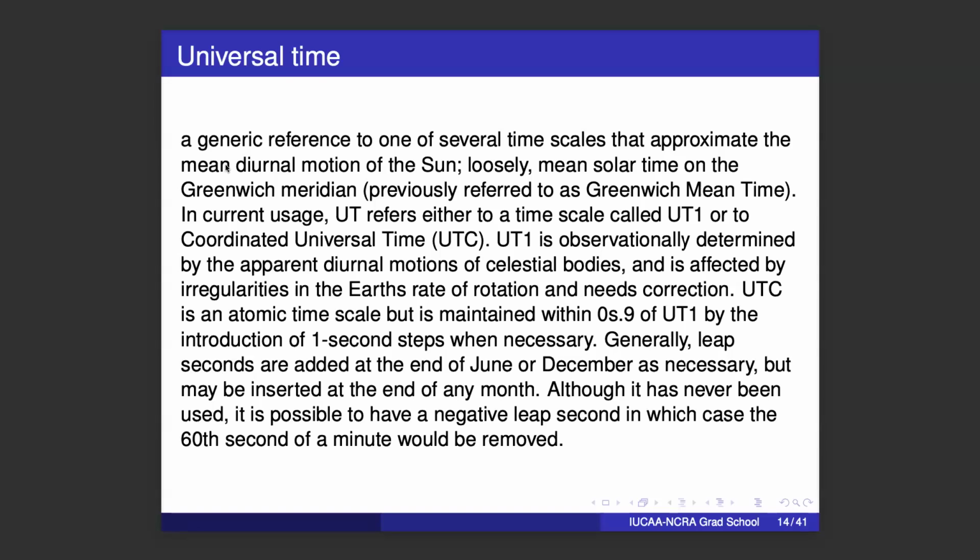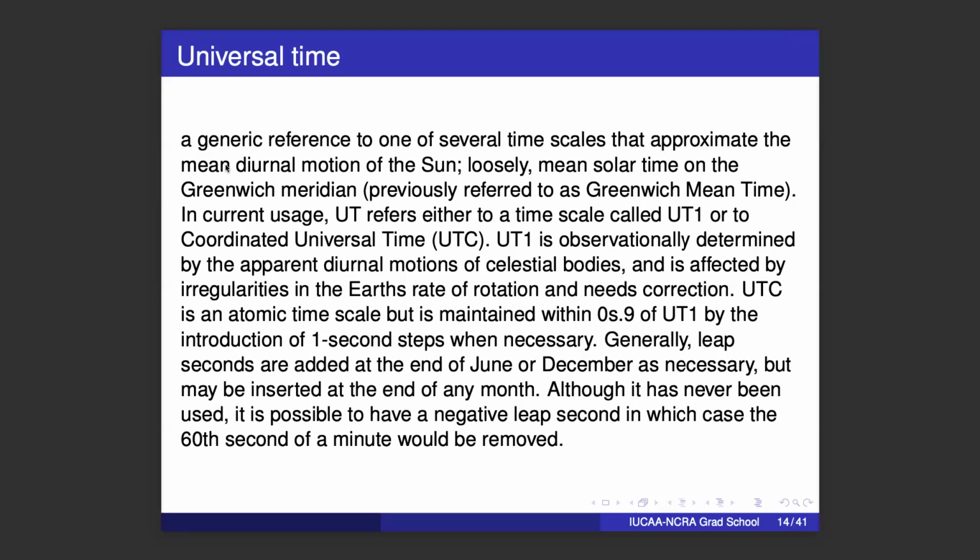That's okay, but solar time is defined in such a way that it takes into account the fact that the Earth is moving. The orbit itself is elliptical. That's correct. And secondly, the axis is inclined. It is not perpendicular to the plane of the ecliptic.